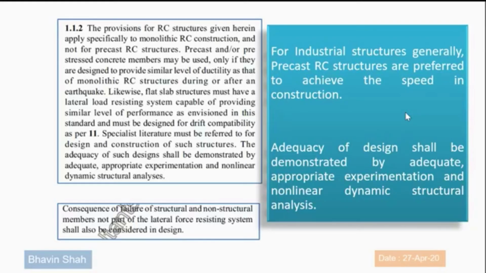Clause 1.1.2 of the code says that for a system different from the monolithic moment resisting frame, the adequacy of such a system shall be demonstrated by appropriate experimentation as well as nonlinear dynamic analysis.